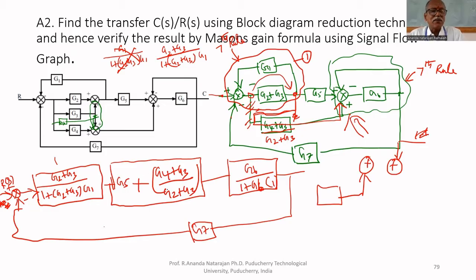G5, if you take LCM, what you will get? G5 multiplied by G2 plus G3, plus G3 plus G4, whole divided by G2 plus G3.